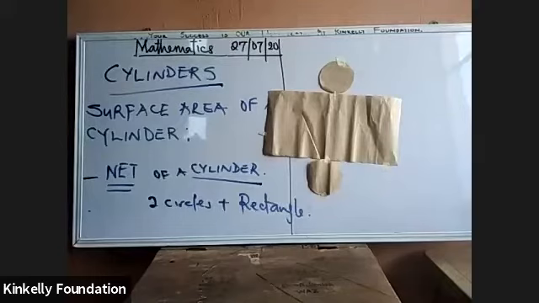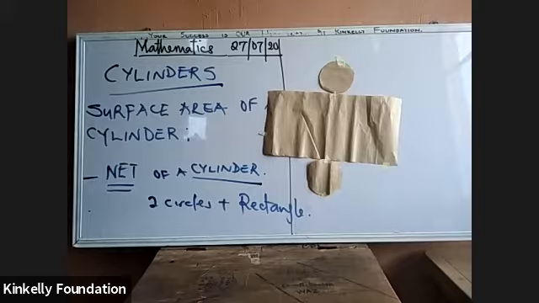With this, you're going to now look into the surface area of a cylinder. If you ask what makes up a cylinder, or what you understand by the net of a cylinder, you say the net of a cylinder is the plane shape you get when you open up a cylinder.